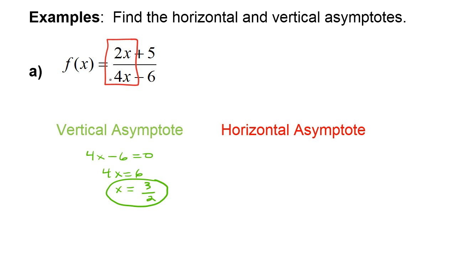If the variables are the same to the same exponent, then I can cancel this x with this x, and I can simplify this to 1/2. So my horizontal asymptote is y equals 1/2. All you need to do is look at the first leading term of the numerator and the denominator and simplify that fraction.